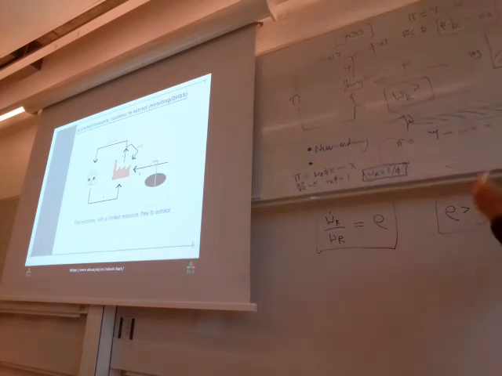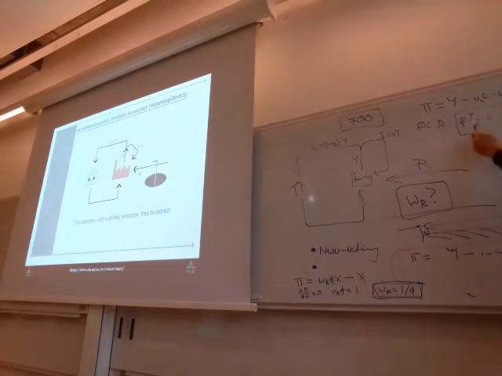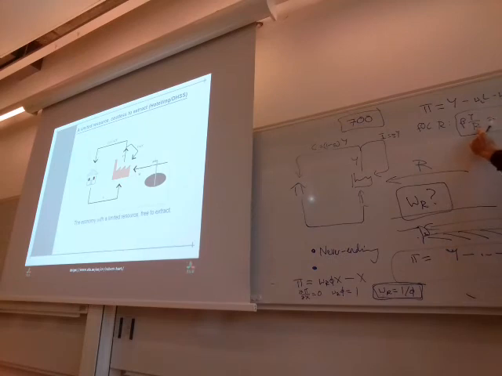And then from the Cobb-Douglas, what can we say about the rate of resource use? If this is growing faster than Y, what's R going to do? It's going to shrink over time, isn't it? It's going to fall over time.